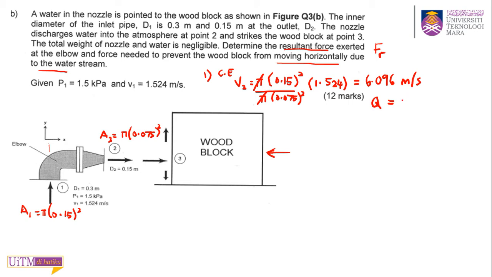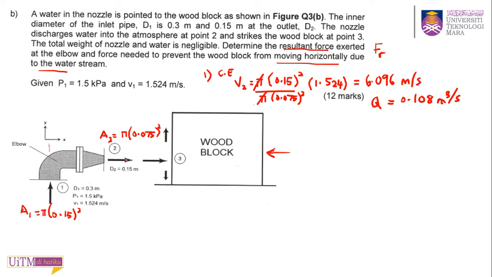A times V. It is 0.108 meter cube per second. Don't forget your unit. Okay, so you have your V2 and Q. Alright, settle. That's not yet the main part.